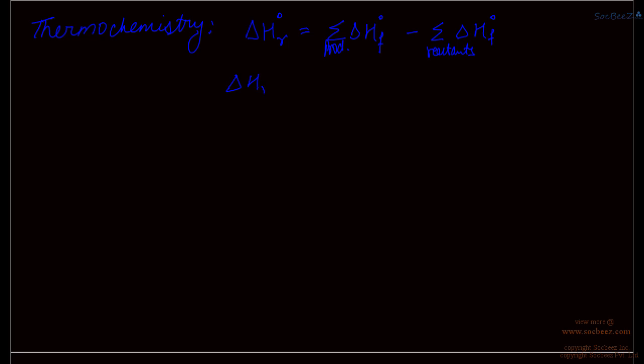And similarly, there are other expressions as well. Heat of reaction equals summation of heat of combustion of reactants. In this case, remember the situation is reversed, minus summation of heat of combustion of products.